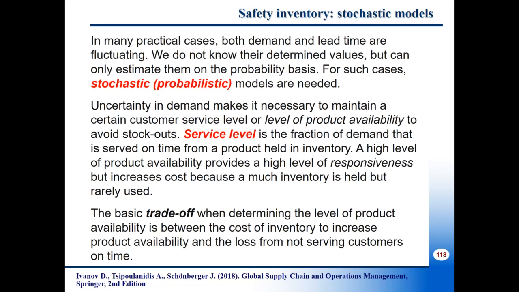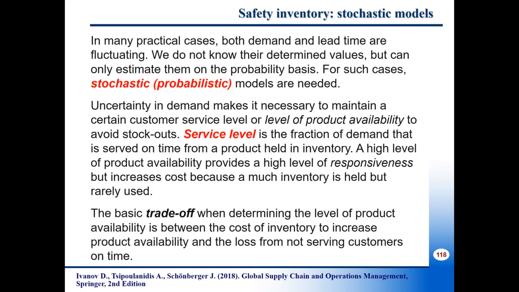Uncertainty in demand makes it necessary to maintain a certain customer service level, or level of product availability, to avoid stockouts. Service level is the fraction of demand that is served on time from product held in inventory.